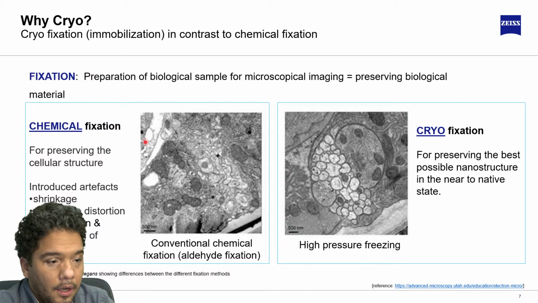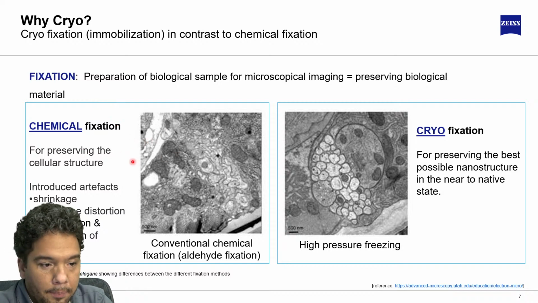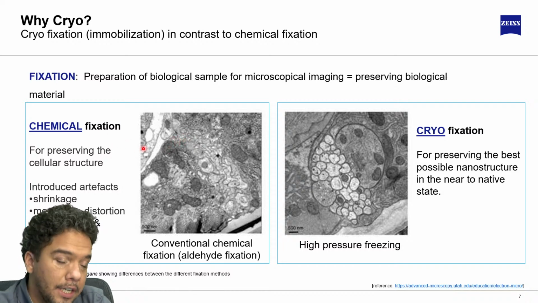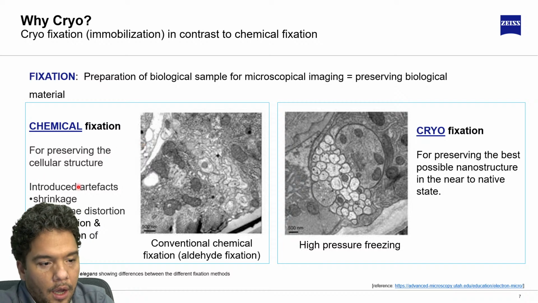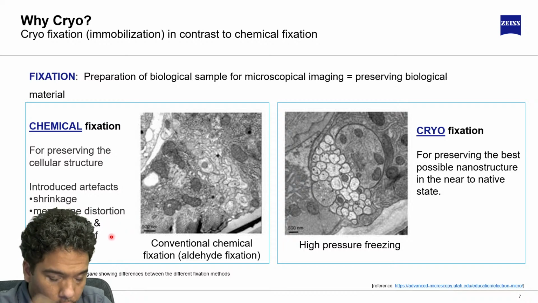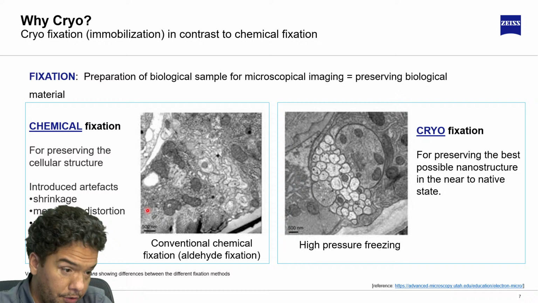And what are the drawbacks of chemical fixation? Here we can see a very good example of an electron image from chemical fixation. It introduces certain artifacts like shrinkage, membrane distortion, redistribution, or aggregation of proteins.